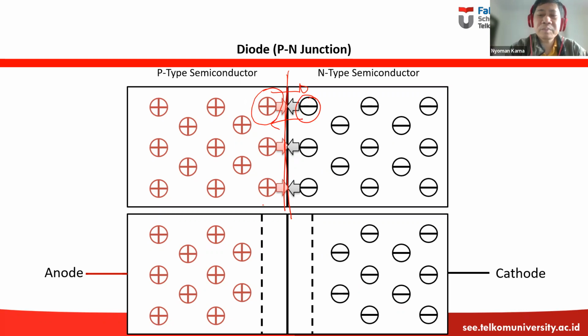So there will be a space here, although it's a very small space, which in this case is neutral. There is no positive ion, and also no negative ion. So we have what we call a neutral portion of the semiconductor. We call this place the junction.